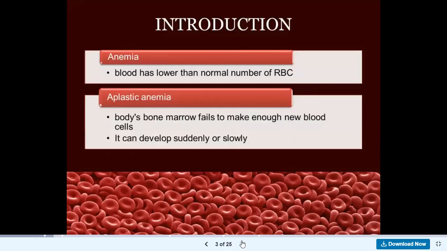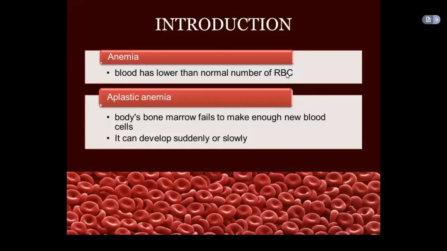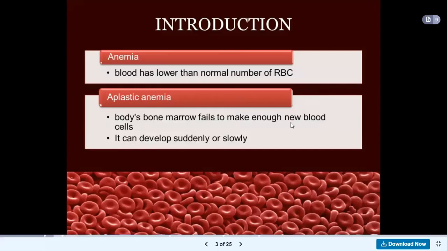So let's get started. As we know, anemia simply means a reduction in the amount of red blood cells or hemoglobin in the blood. Aplastic anemia is a kind of anemia in which the bone marrow fails to make enough new blood cells.